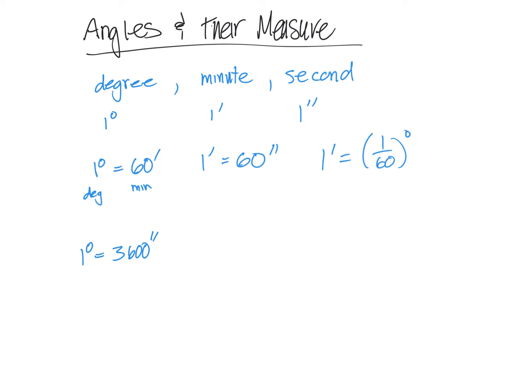If 1 degree is 60 minutes, then 1 minute is 1 over 60 degrees. We have, in addition, that 1 second is 1 over 3,600 degrees, and 1 second is also 1 over 60 minutes.